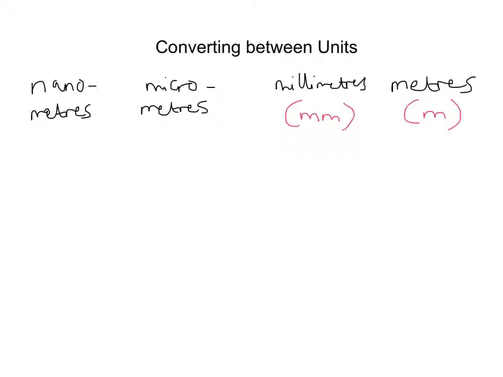So let's put in the units, the symbol for micro there, micrometers, and nm for nanometers. And often in calculations we tend to go back and forth between these units, so it's possible to convert between them all. Okay, so we have our different types of units in place.